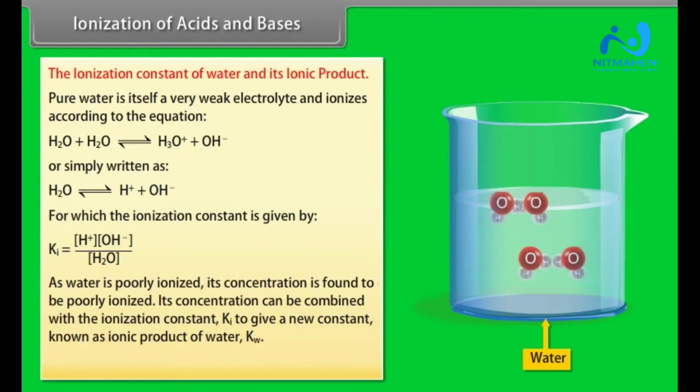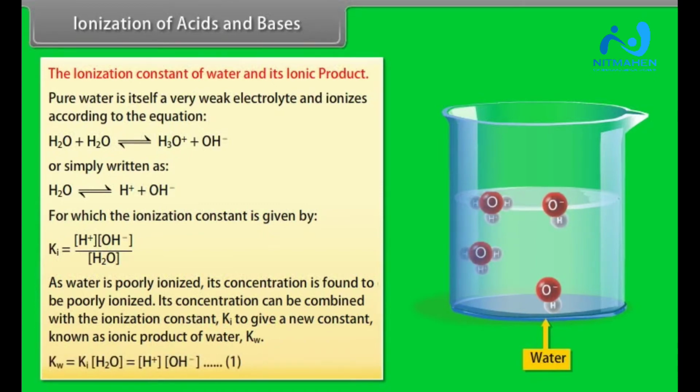As water is poorly ionized, its concentration can be combined with the ionization constant, Ki, to give a new constant, known as ionic product of water, Kw. Name it as equation 1.